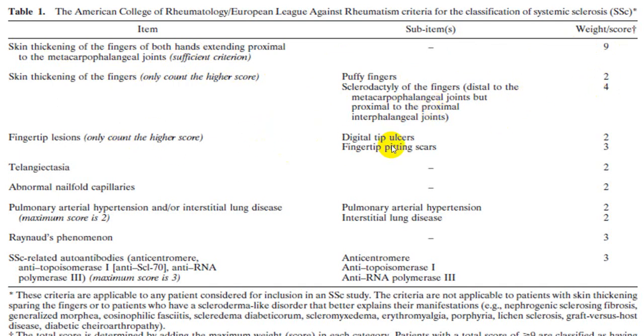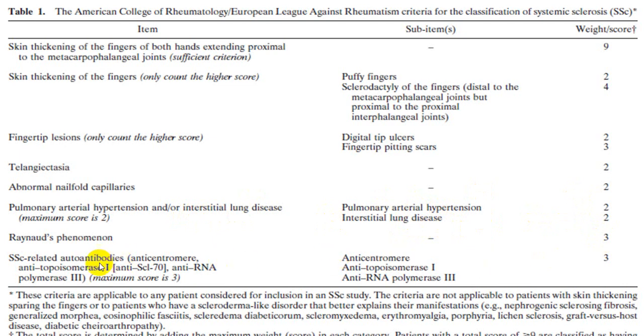Fingertip lesions 2 and 3. Tip ulcer 2. Fingertip pitting scar 3. Telangiectasia 2. Abnormal nail fold capillary 2. Pulmonary fibrosis and pulmonary hypertension: if there is pulmonary hypertension 2, interstitial lung disease 2. Raynaud's phenomenon 3.